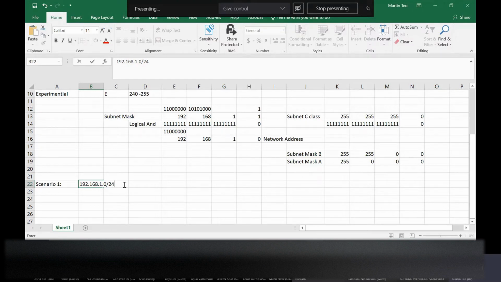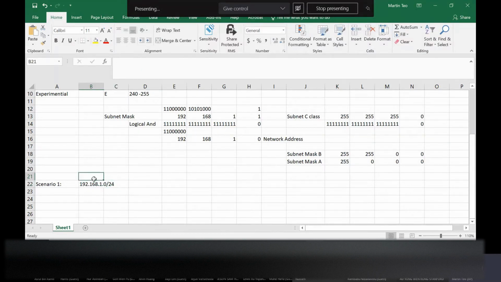In this scenario one, we are given this particular IP address from our ISP, of course a class C with a /24. What we are doing now is called classful addressing. We will move on to classless later. Classless means it breaks from the class.